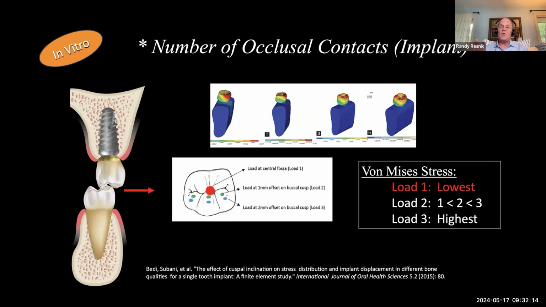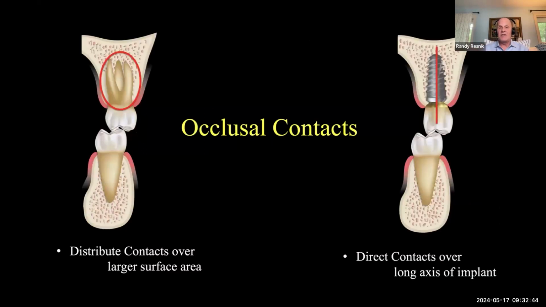What they found was the lowest amount of stress to the area. These are finite stress analyses, so they can tell where the stress is going. The least amount of stress was when you had a broad contact in the central fossa and no inclined plane contacts. So the bottom line is the ideal occlusal contact is in the center, more of a broad contact, whereas on natural teeth we have multiple contacts per tooth.